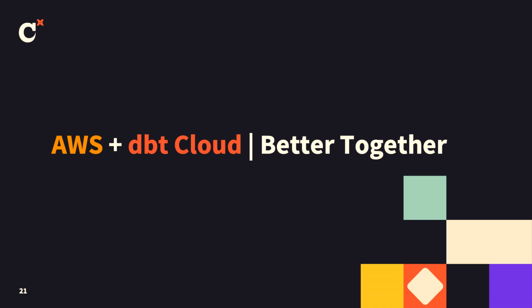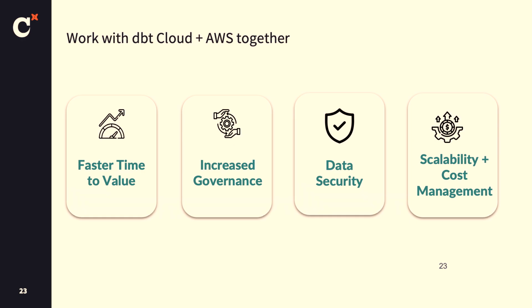Redshift also has a lot of security controls, where you're able to do row-level security control, column-level security control, and role-level access controls. All those controls are also propagated into DBT. So data security is maintained. You're able to do the governance, and scalability is obviously there.